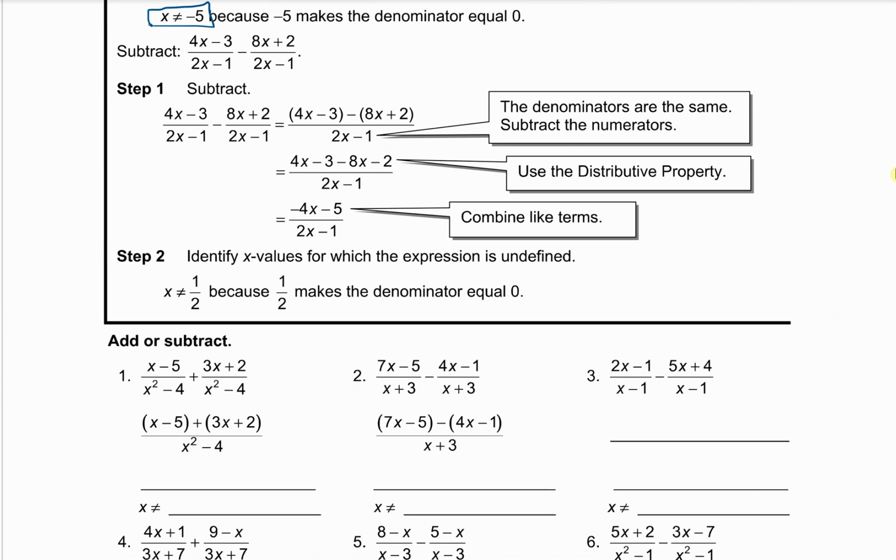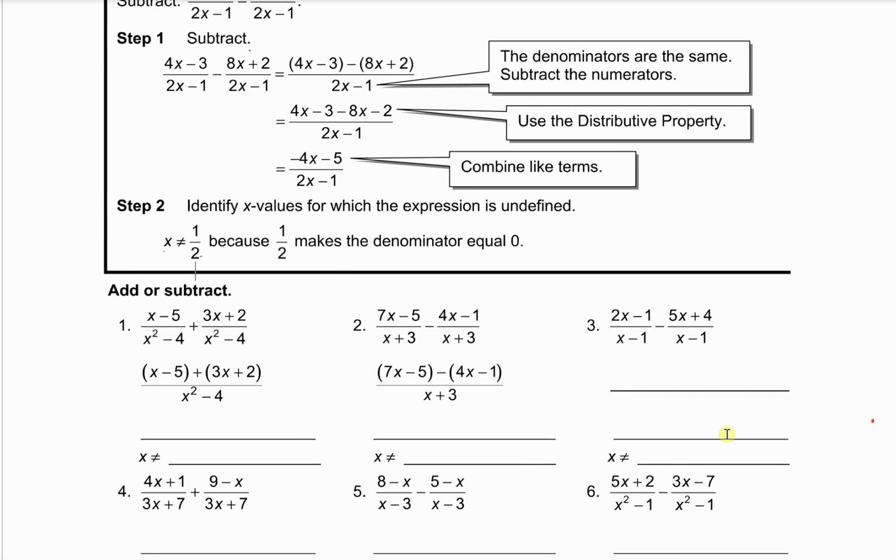One thing you do have to remember when you're subtracting: this second expression, in this case 8x plus 2, everything is going to change signs because you're subtracting. So it's going to be minus 8x, minus 2, and you end up with -4x minus 5. And then, of course, you've got to identify your values where you're undefined. In this case, 2x minus 1, it's going to be 1/2.